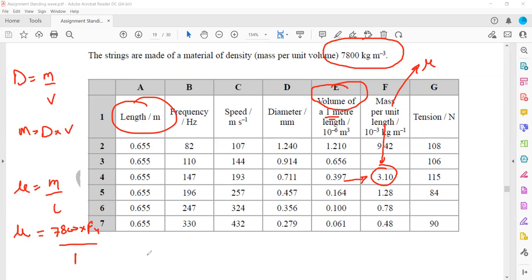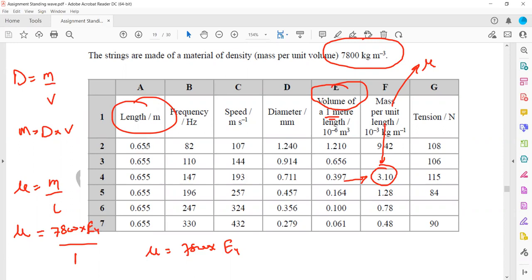So how to get the mu? So mu will be 7,800 multiplied by, sorry, E4, not F4. Multiplied by E4, we will get this mu. Is it clear? Because the length is 1, that's why I did not use this length.